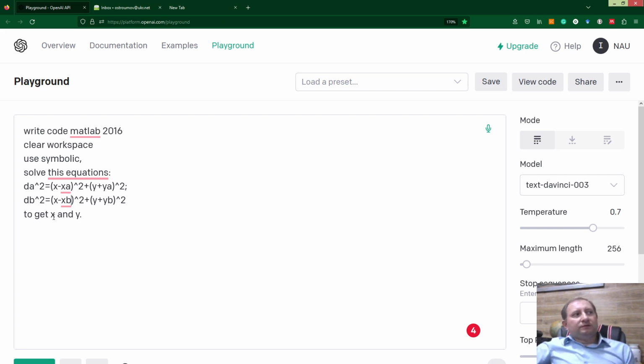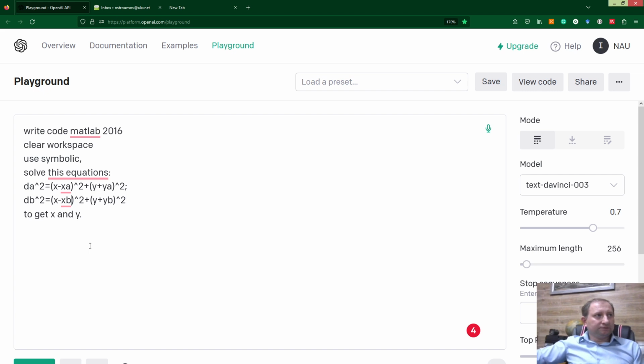Thus, we would like to get the x and y analytical expression for solving this nonlinear equation. And that's why we are asking to work in symbolic, to get analytical equations.